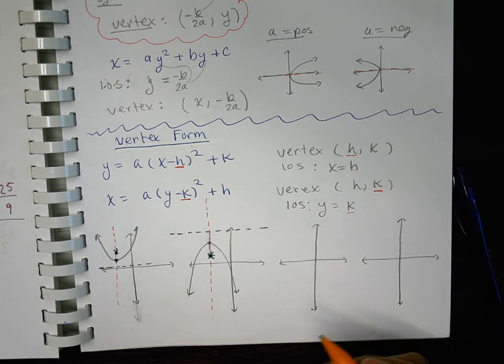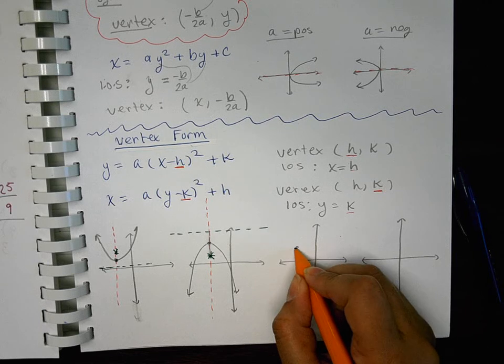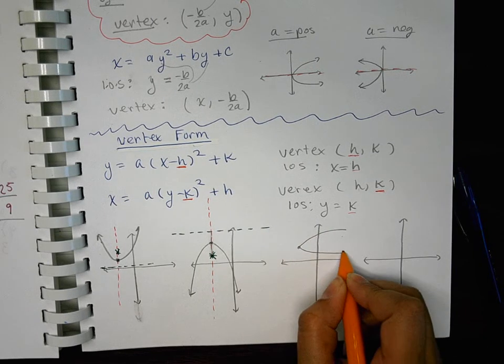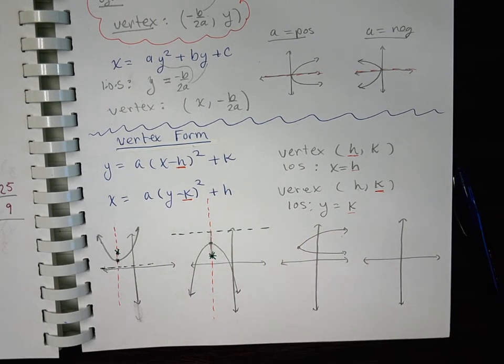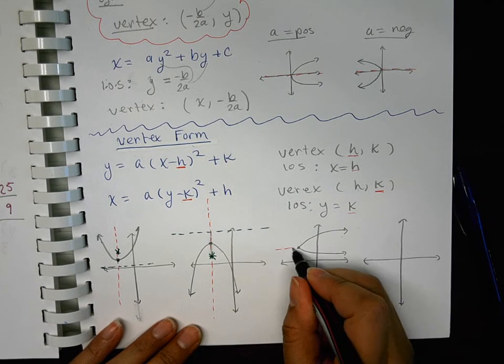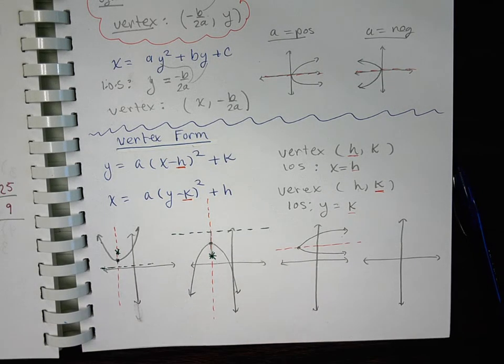All right, what if our parabola is opening sideways? I'm going to do right side first. And what do we notice about this line of symmetry? Vertical or horizontal? Horizontal, which means that's why it's y equals. All right, focus is still always going to be inside.